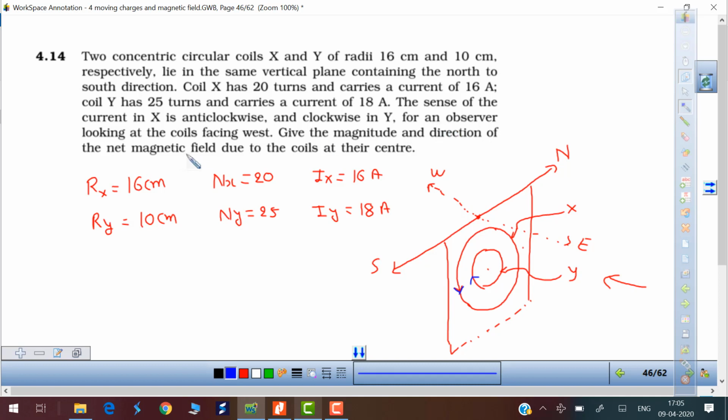For an observer looking at the coil facing west, give the magnitude and direction of the net magnetic field due to the coils at their center. So what is the magnetic field here?